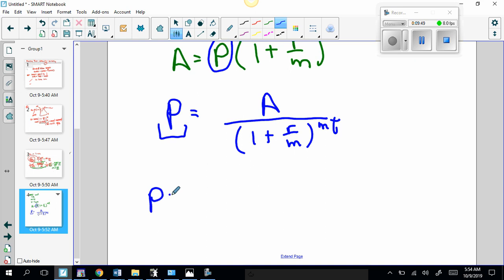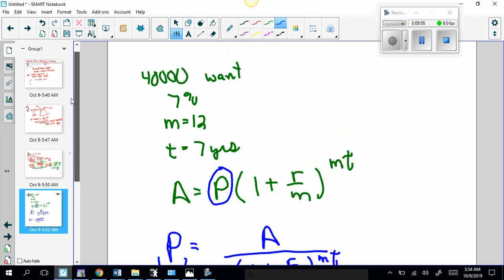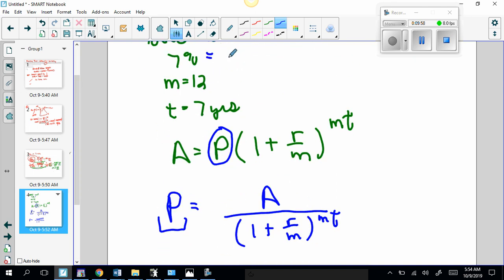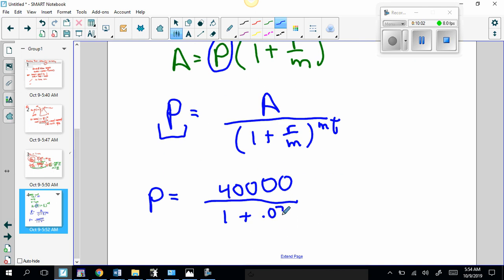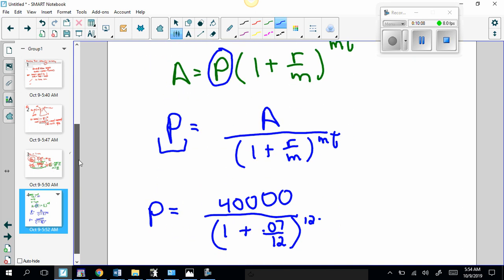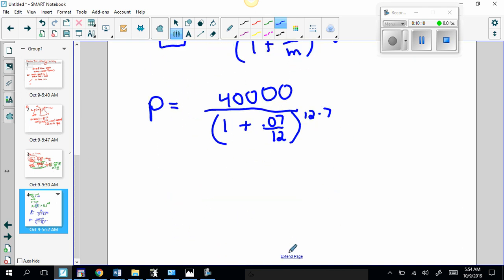So P is 40 grand over 1 plus rate 7%, therefore 0.07, monthly, to the 12 times 7. And then just be careful.